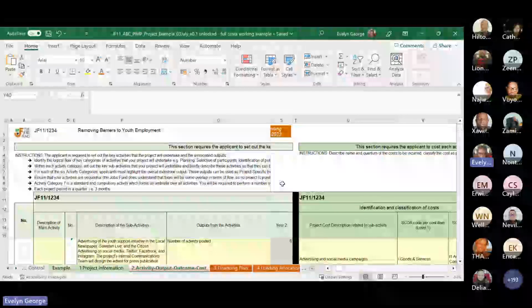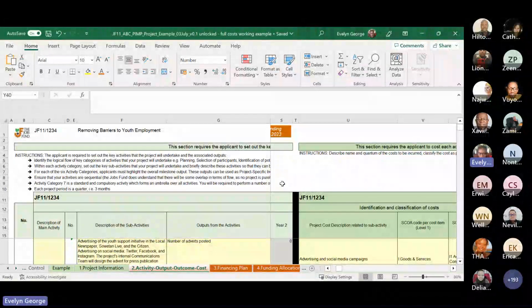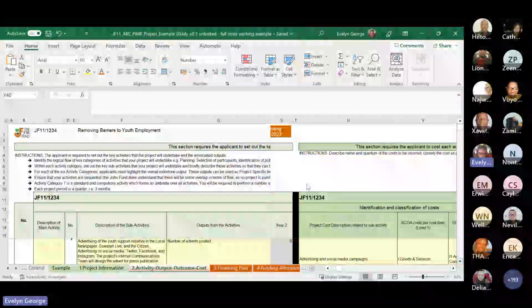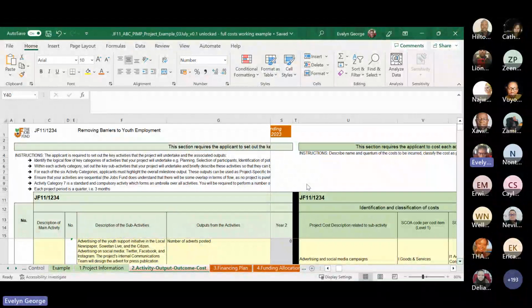Right, so we did have some questions. Some of them continue to be asked here. So we hope that when we are done with working on this, we'll get you closer to understanding some things to be mindful of in terms of the ABC PIMP. It is a reflection of the cash basis of accounting.